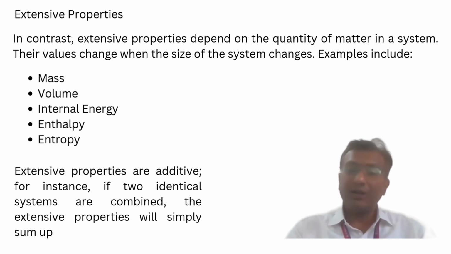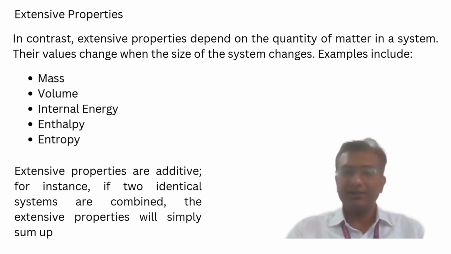However, because extensive properties depend on the size of the systems, they can be less useful for comparing different systems directly. It's hard to compare the internal energy of a small engine to that of a large power plant, for example, because their sizes are so different.